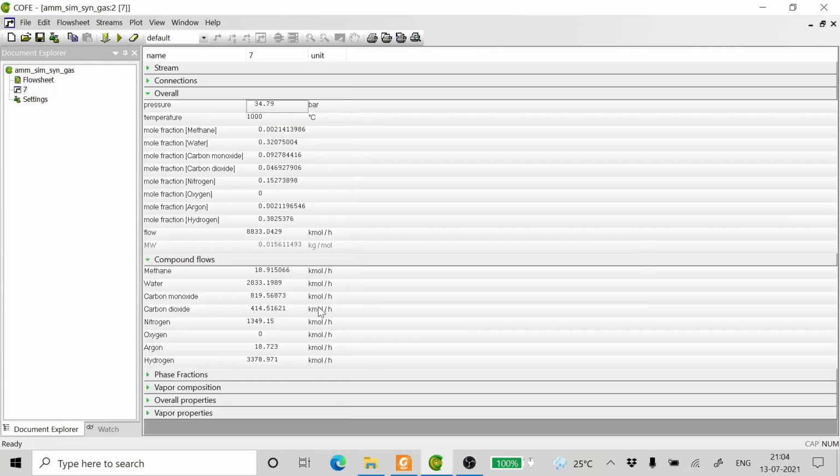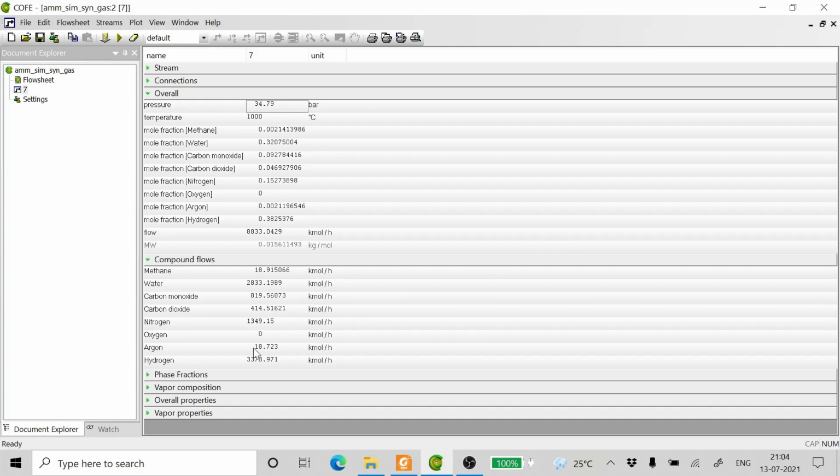Let's check what is the condition of stream number 7. The stream number 7 is at a temperature of 1000 degrees Celsius, and as we can see here, the amount of oxygen here is just 0. So all the oxygen has been consumed in burning up the methane, and there's very little methane coming out. That is 0.0021% of methane is actually coming out.